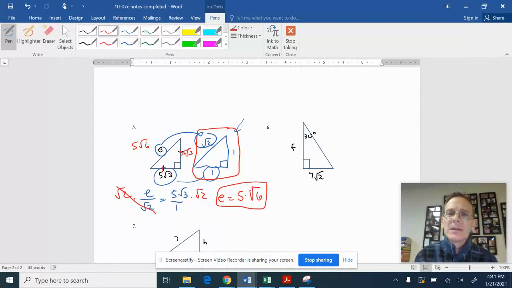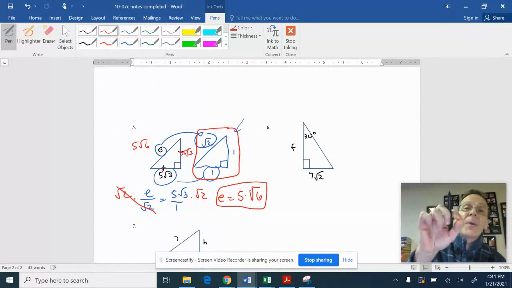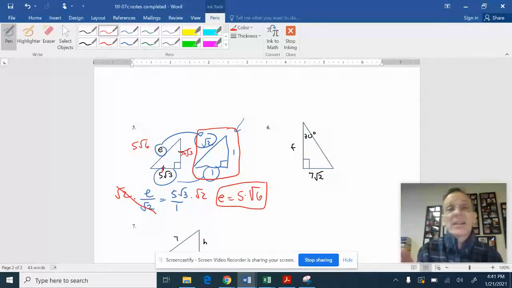Okay? What it does tell us is that whatever the two legs are, whole number, fraction, radical 2, radical 3, radical 7, whatever, if you multiply that by the square root of 2, you'll get the hypotenuse length. But then you might have to simplify that hypotenuse length so that it doesn't look like it has a radical 2 in it anymore. Okay?